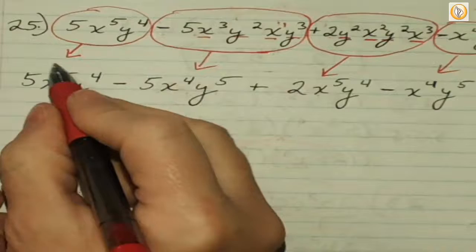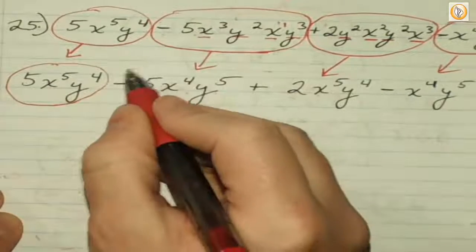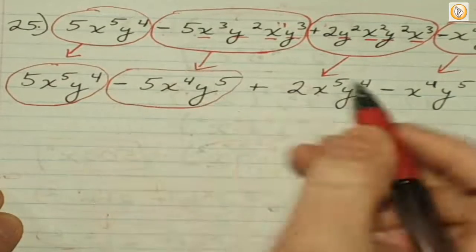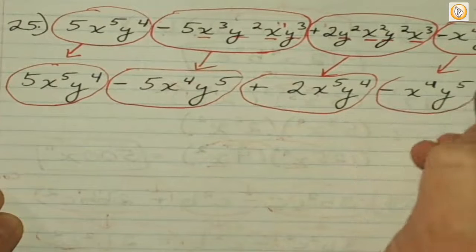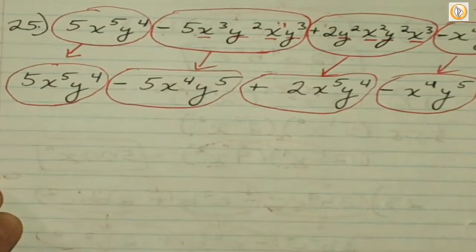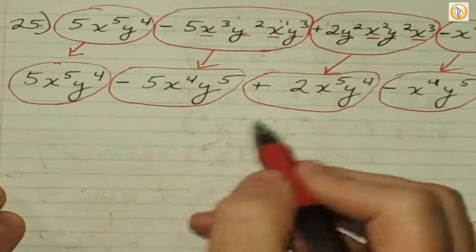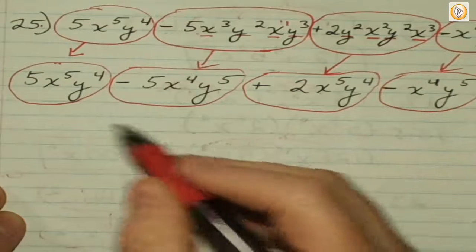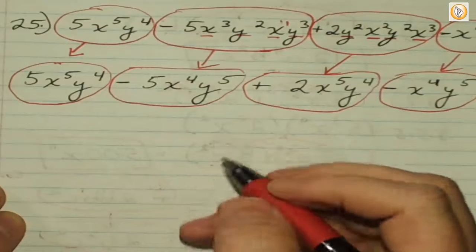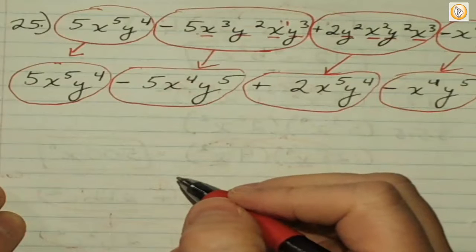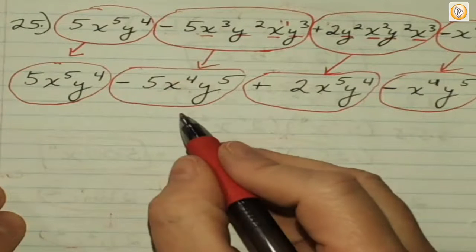I'm going to, again, circle my groups. It's easier on the eyes and brain. Now, I'm going to look to see if there's any that are like terms, like identical X's and Y's. And are there any? Yes, ma'am. Which ones? The second one and the 4th one.